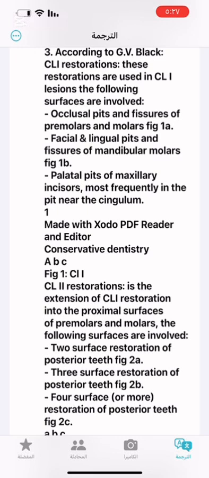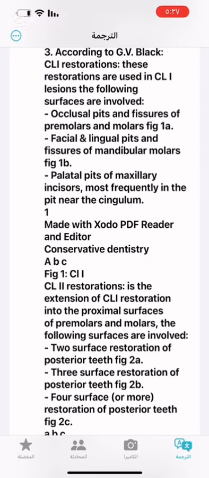Figure 1. Class II restorations are the extension of Class I restoration into the proximal surfaces of premolars and molars.